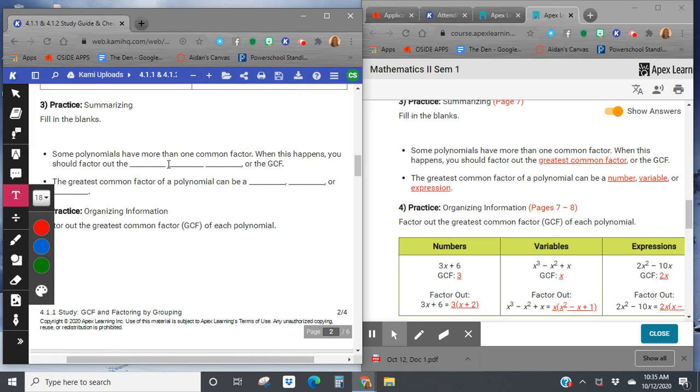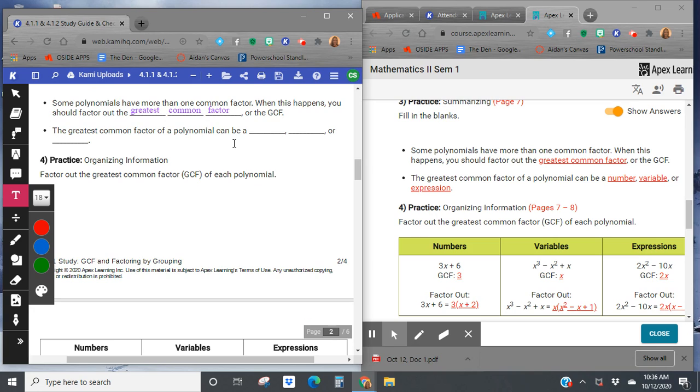All right, some polynomials have more than one common factor. When this happens, you should factor out the greatest common factor, or the GCF. The greatest common factor of a polynomial can be a number, or a variable, or an expression.